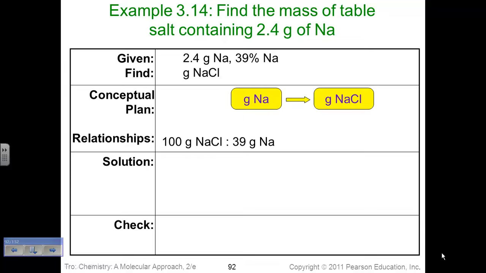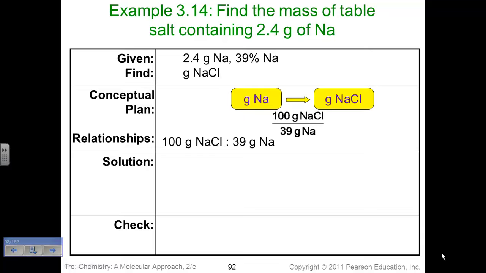We want to change the grams of sodium into grams of sodium chloride. When we found the mass percentage of sodium by taking Na over NaCl, we found its mass contribution to be 39%. Well, what that means is there's 39 grams of sodium in 100 grams of our compound, part over whole.